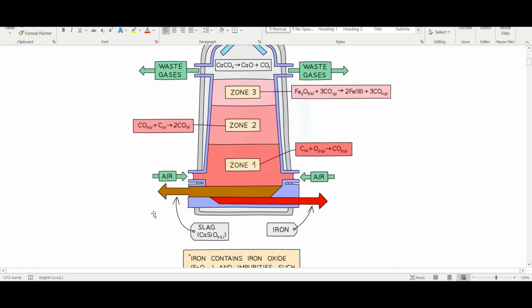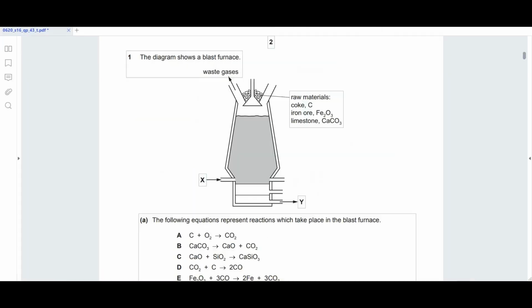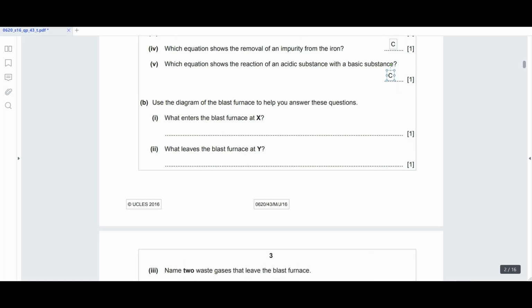Hot air is being blown here, which will react with the impure carbon, and the temperature of the blast furnace will increase. It will pass on to zone 2, where, because of the high temperatures, it will react with more carbon to form carbon monoxide. But it's talking about what enters at X, so we can say we're passing hot air.